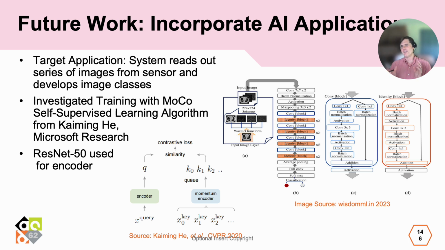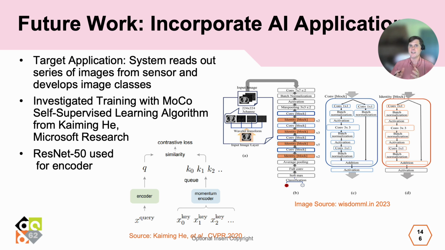So first we have to start off with some kind of an AI application. We picked, as an interesting application that was forward-looking, a self-supervised learning application for an embedded image sensor.